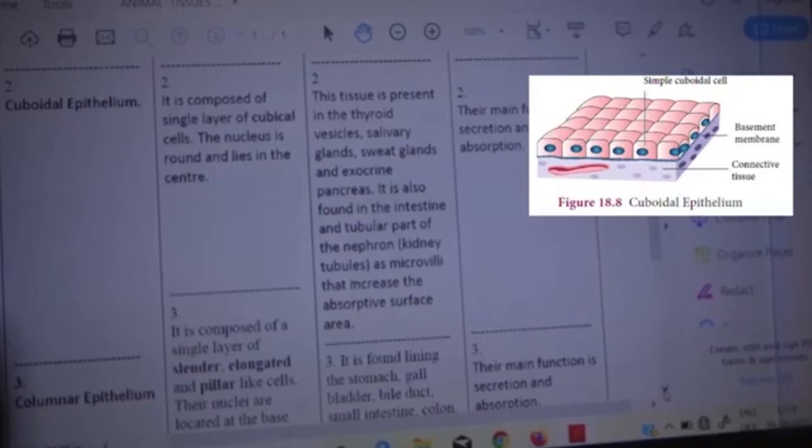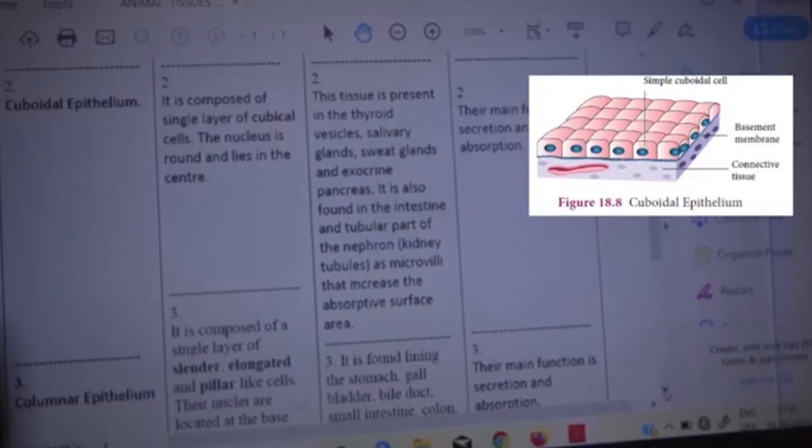Nephrons are the kidney tubules with microvilli. The minute epithelial projections are called microvilli, and they increase the absorptive surface. What is absorbed? In the intestine, the completely digested food that is eaten is absorbed.